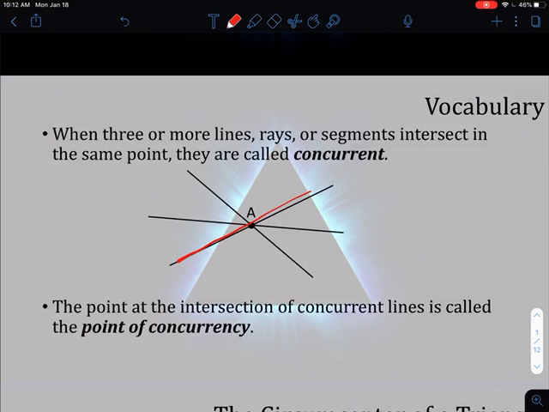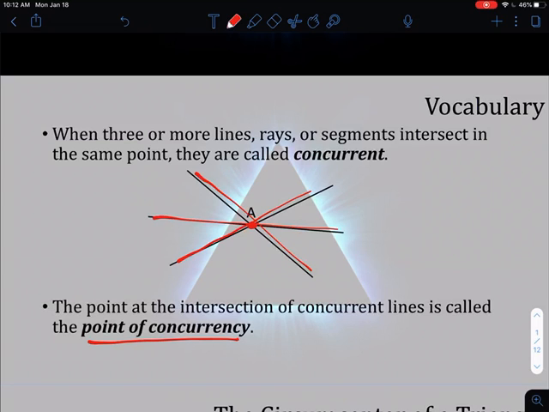In the picture here, we have this line, and this line, all intersecting at the same point, point A. That's what we call concurrent. The point we're talking about here, point A in the middle, is called the point of concurrency. That's a phrase we're going to see used throughout this section and into some of the later sections in the chapter. So the point of concurrency is where those three or more lines are all coming together and meeting.